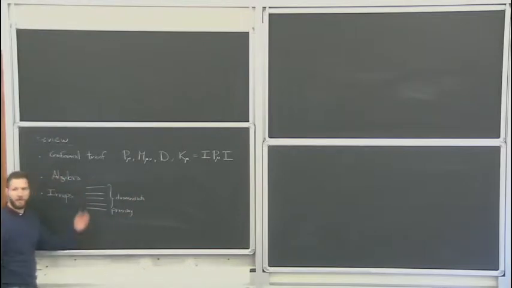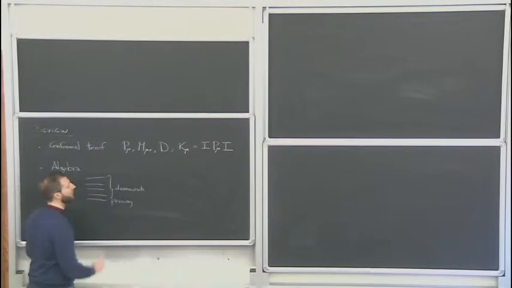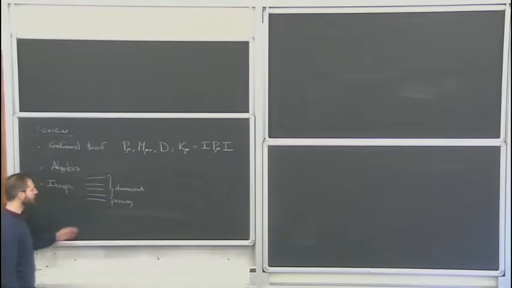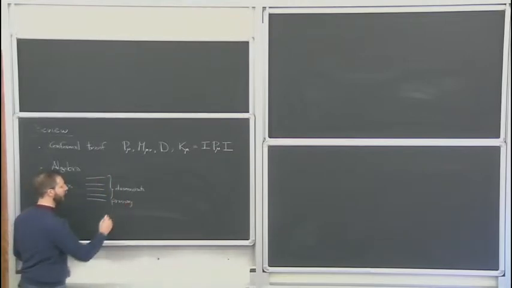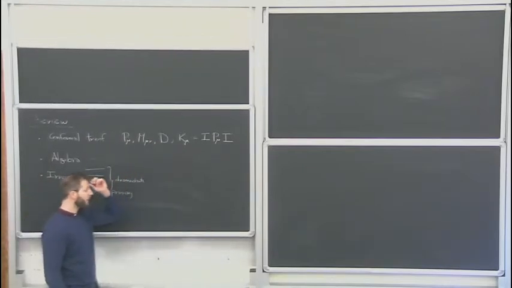And you can move up and down in the irreducible representation using the generators P, D, and K. And the primary has the property that it is annihilated by the special conformal transformation.